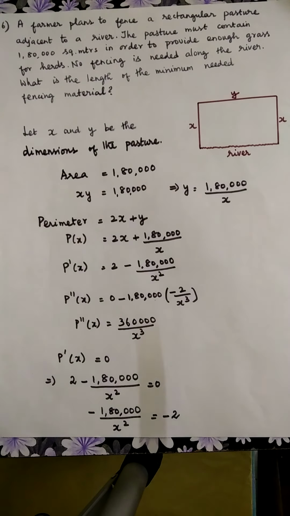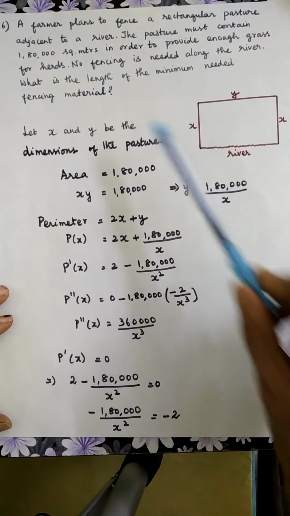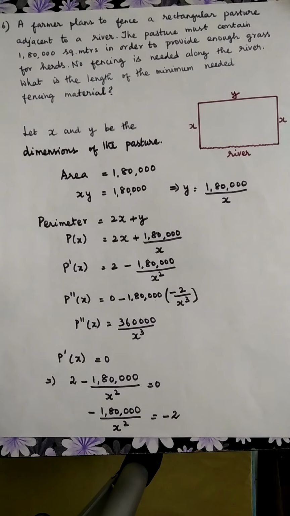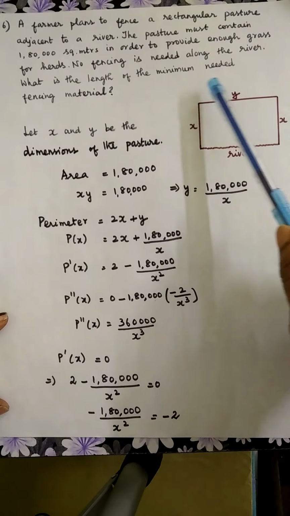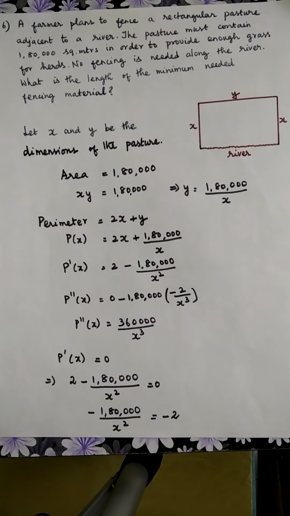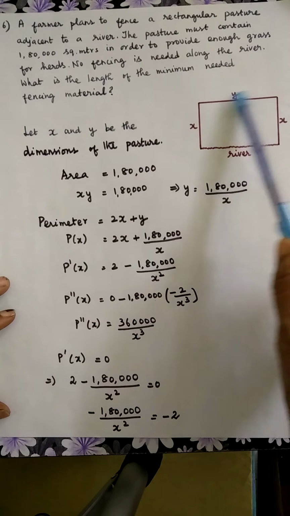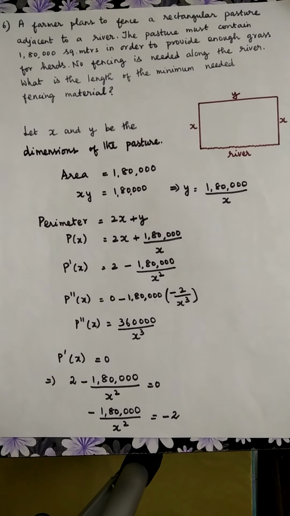And area of the land is 1,80,000. You want to find length of the minimum needed fencing material. So fencing வேலி போடுறதுக்கு எவ்வளோ ஒயர் நமக்கு தேவைப்படுது அப்படின்னு கேட்டிருக்காங்க.